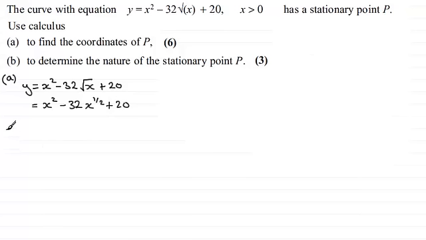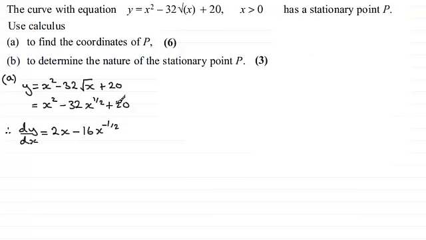So when it comes to differentiating this, therefore dy by dx, differentiating this in the usual way for terms like this gives us 2x. Then for this term, multiply the half with the 32 gives us minus 16, and then reduce the power by 1, so that's x to the power minus a half.